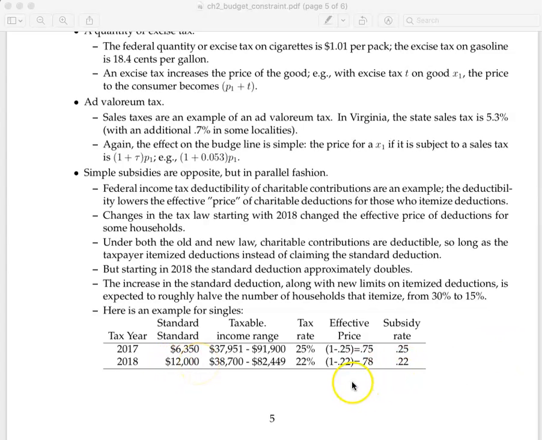This doesn't apply, right? Because they're no longer going to itemize, the effective subsidy rate for charitable contributions becomes zero, and so that subsidy does not apply to them. So that made a big difference in terms of the incentives for charitable contributions.